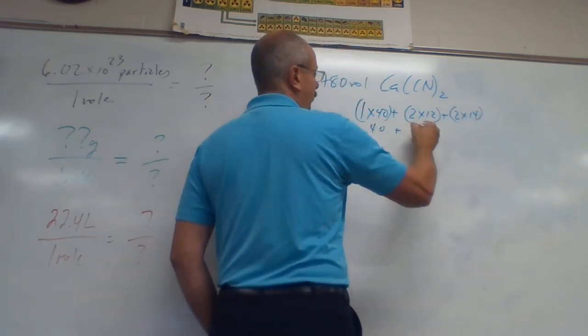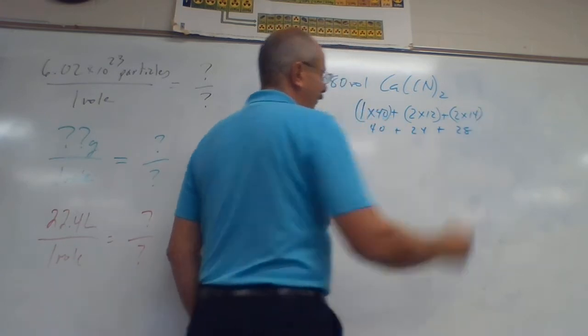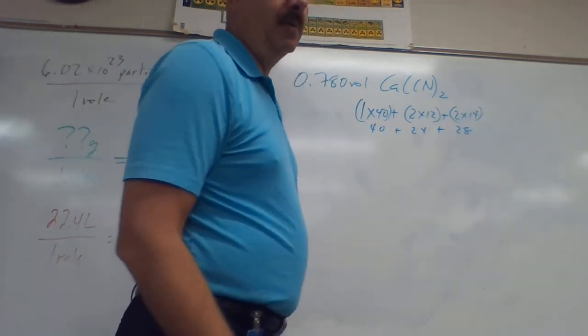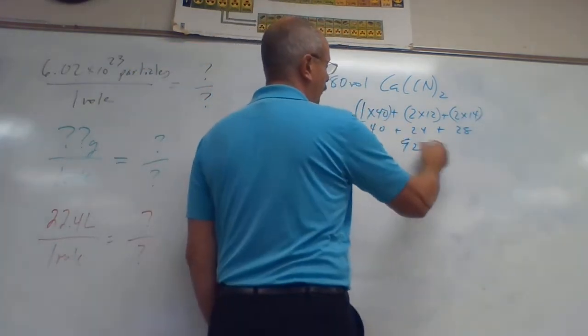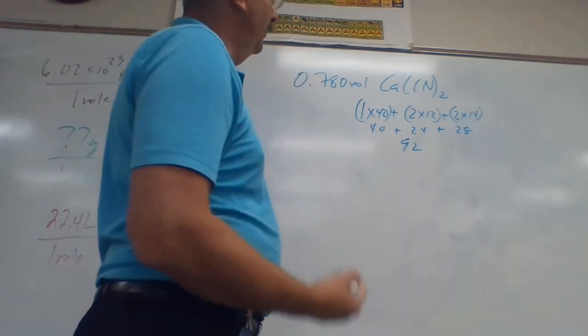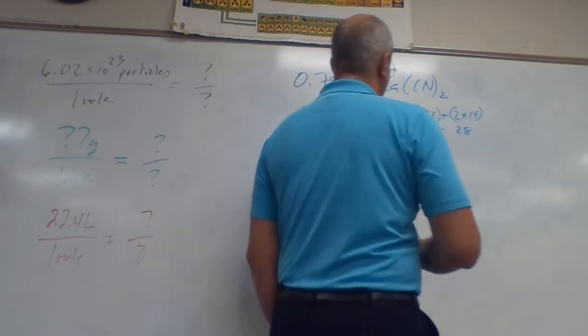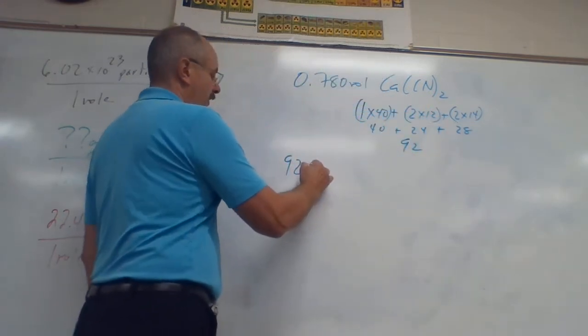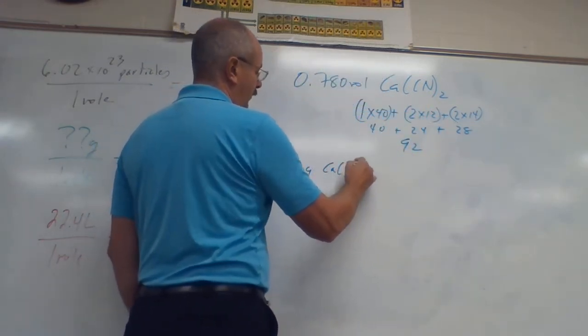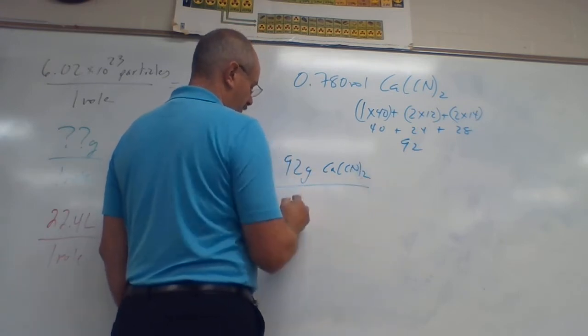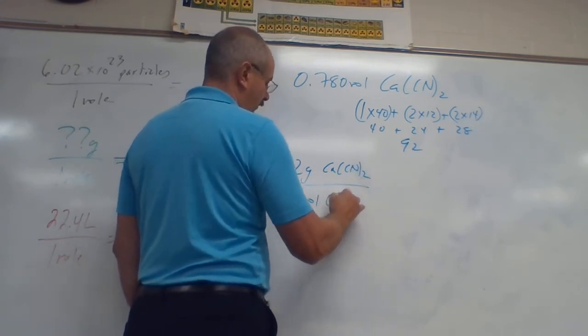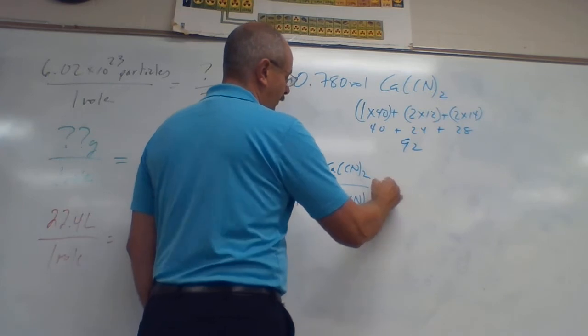So that's 40 plus 24 plus 28. Add those up and we're going to get 92. I'm going to make sure that's right. Yep, 92. So 92 grams of CaCN2 per 1 mole of CaCN2.